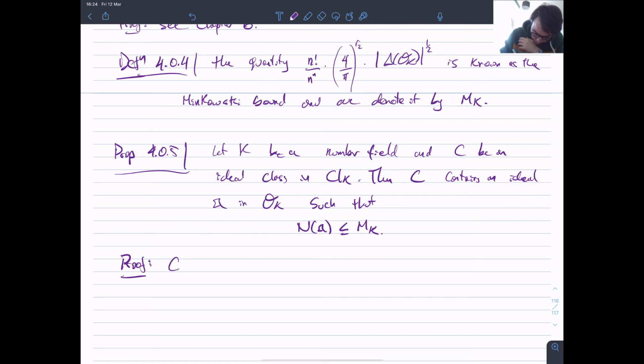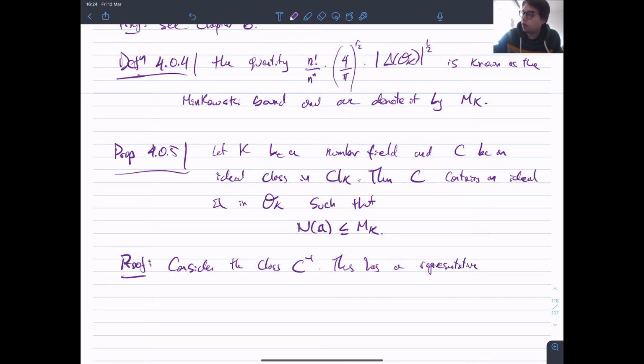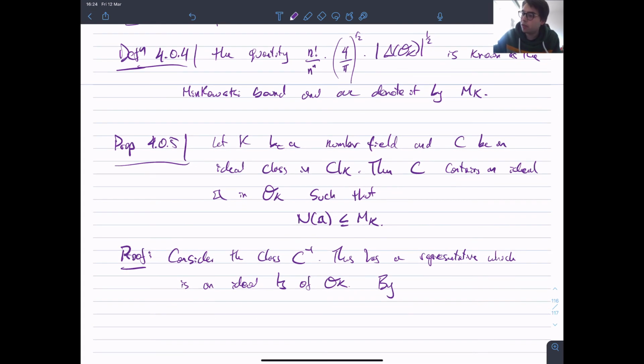Proof. Consider the class C inverse. This has a representative which you can take to be an ideal, say B of O_K.